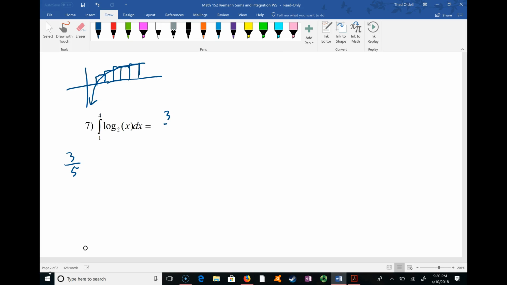So that would be 3/5 times log base 2 of, we're doing the right-hand sum, so that would be 1. Now 3/5 is the same thing as 0.6, right? So that would be 1.6 is where I start. That's that guy right there, right? Plus log base 2 of, and I'm going up by 3/5, so that'd be another 0.6, that'd be 2.2, plus log base 2 of, go up another 0.6, that'd be 2.8.